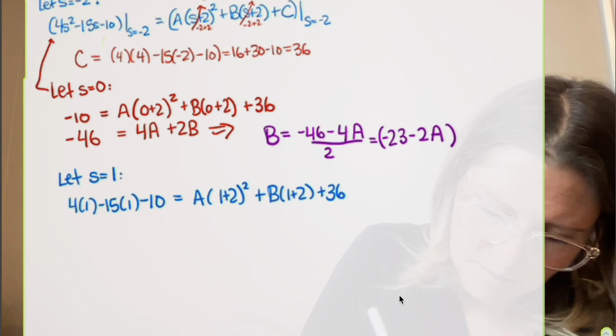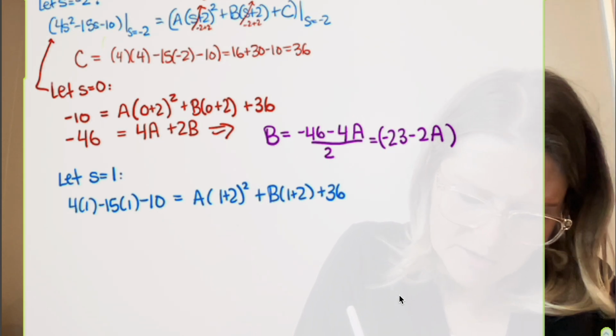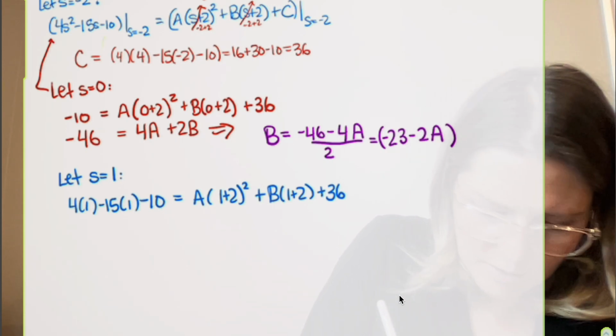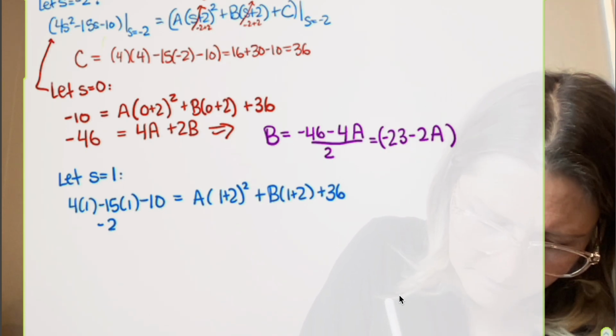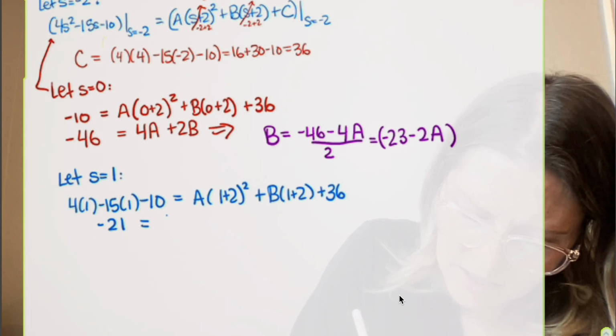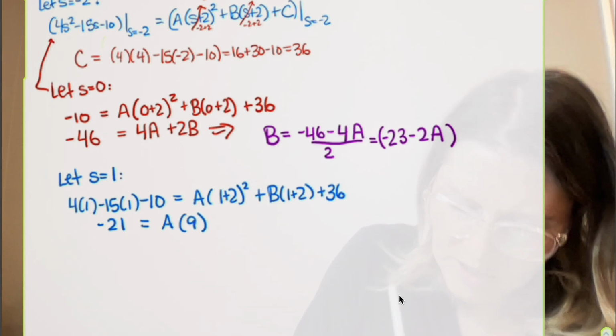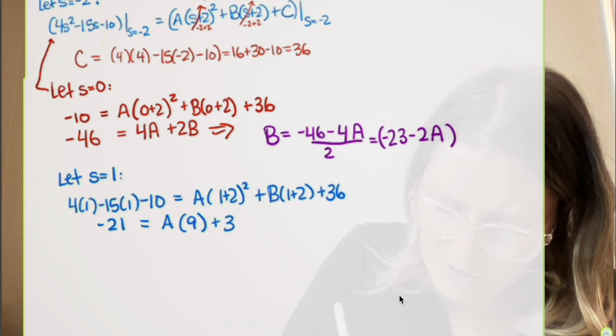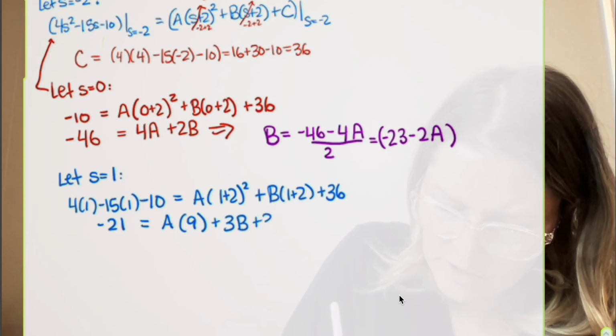So -15 minus 10 is -25 plus 4, so I'm at -21. And then I have 3 squared, so that becomes 9a, plus 3b, plus 36.